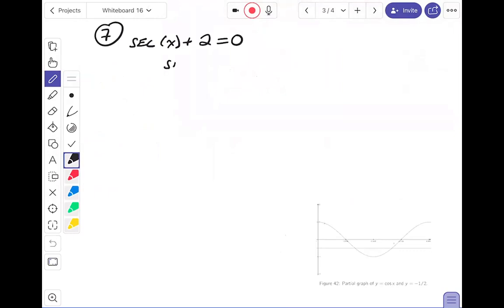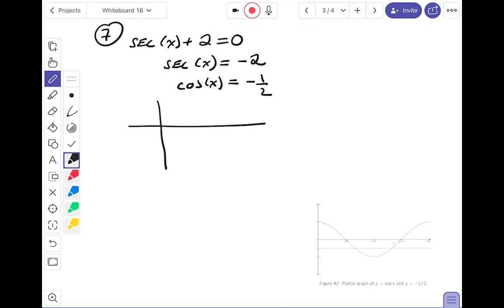And you would get secant x. Remember, we want to get a trigonometric function equals to a number, minus 2. And I don't like secant, so I'm going to write it as cosine of x equals minus 1/2. What I do is draw the picture of the cosine curve, which looks like this over here. And again, I hope you realize I'm not drawing the most accurate picture, but it's probably good enough for me.